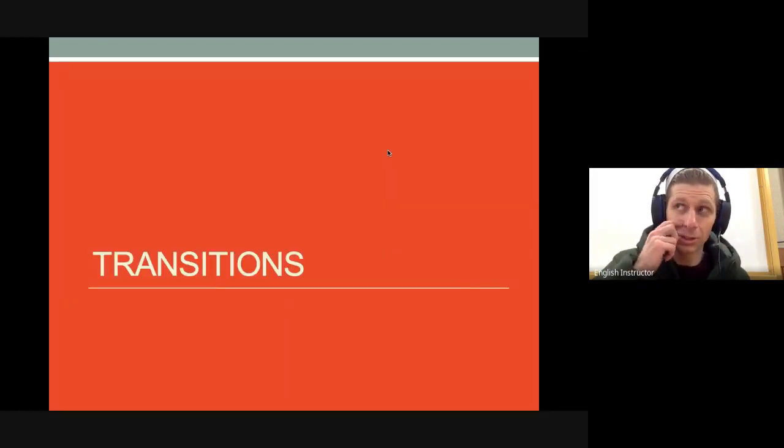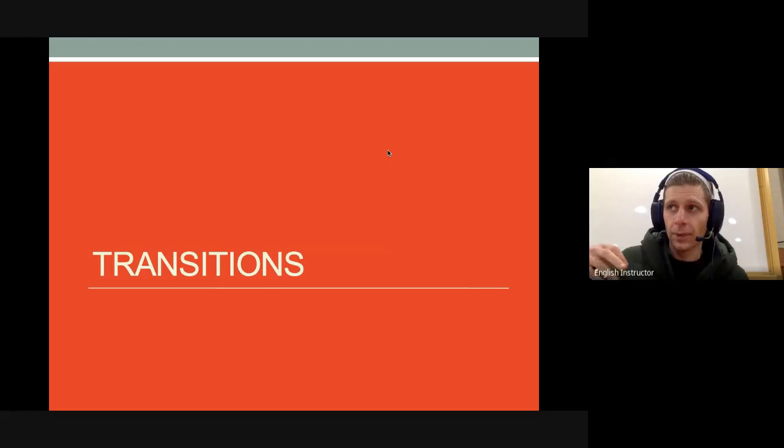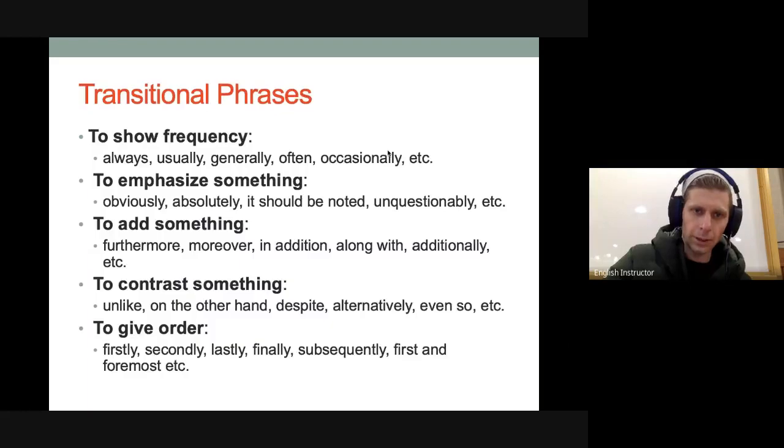So transitions in general, the idea is that to make things very clear for the reader, we don't want to just run from one argument right into the next. And so we use transitions, or more specifically, transitional phrases to move from one argument to the next, and we're signaling to the reader that we're either finishing with one topic, so we're wrapping up, or what I was talking about was this, but here is a brand new argument, right?